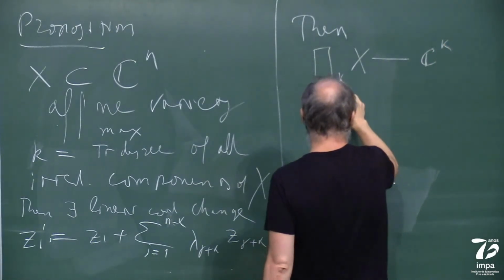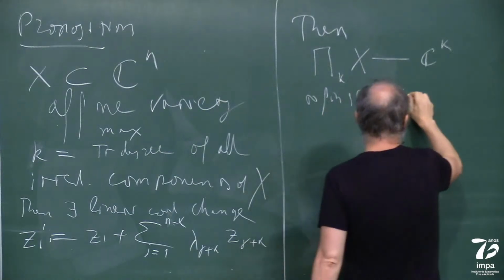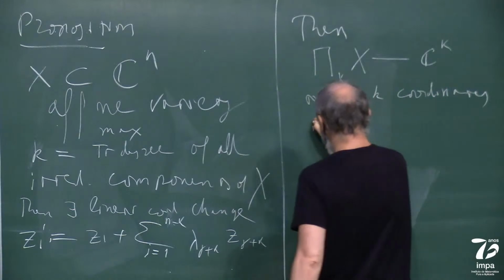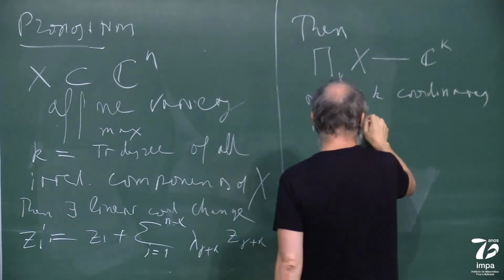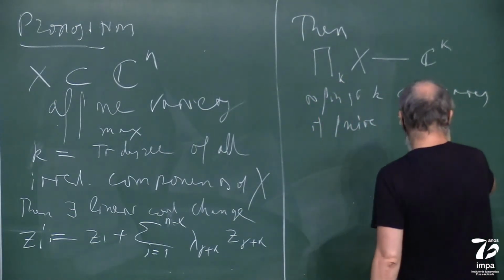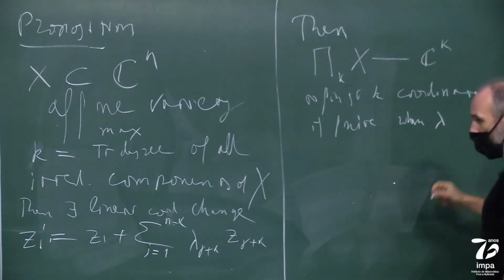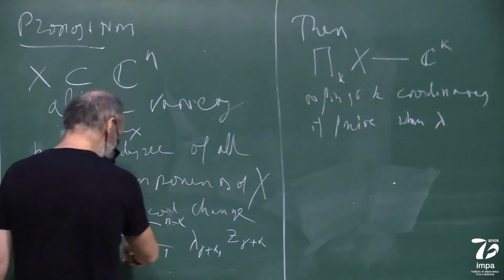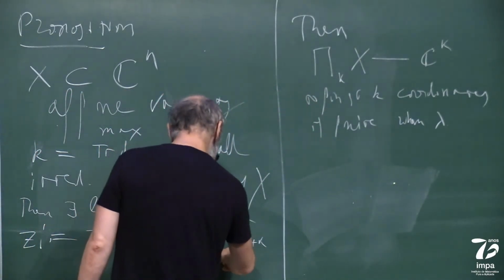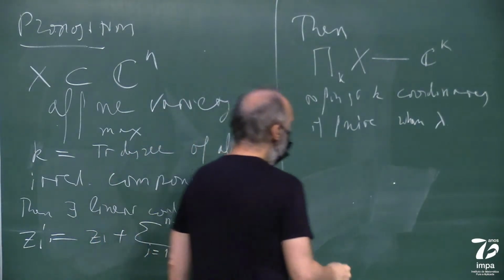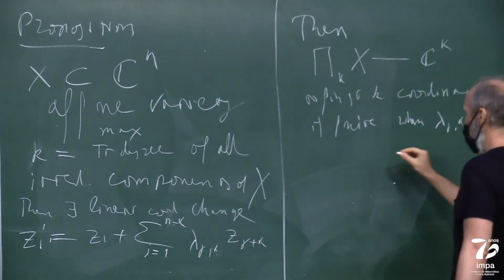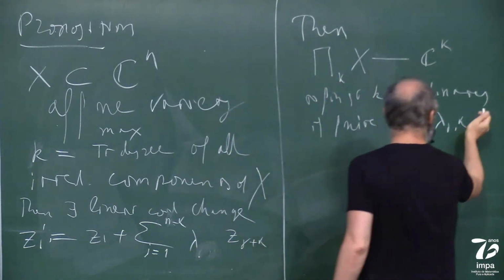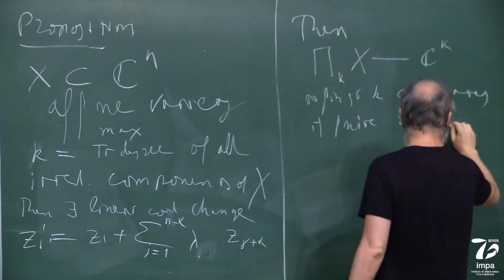It is finite when the lambdas, lambda_{j,k}, or the indices where lambdas appear, are generic.